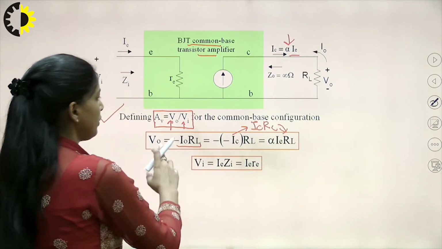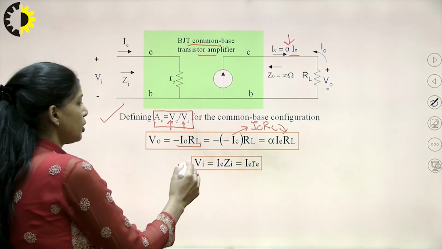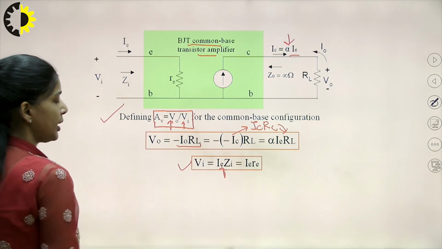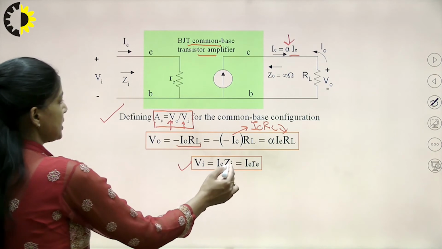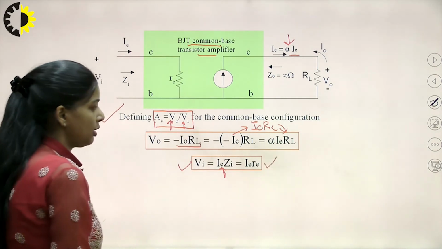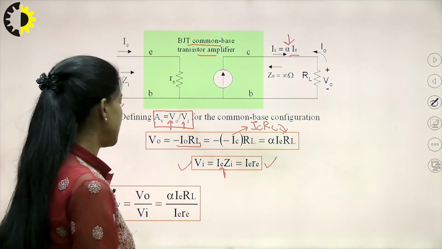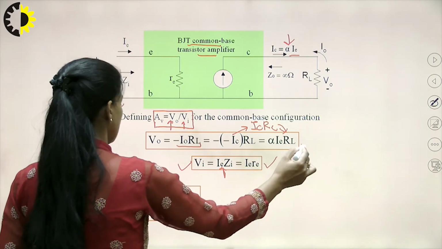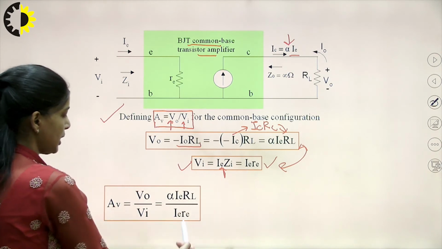So Vout we get as alpha IE into RL. Vinput is the input voltage, that is the multiplication of input current and input impedance. The input impedance we have seen for this configuration is re. So we get Vinput as IE into re. So voltage gain will be by taking the ratio of these two values, alpha IE RL divided by IE.